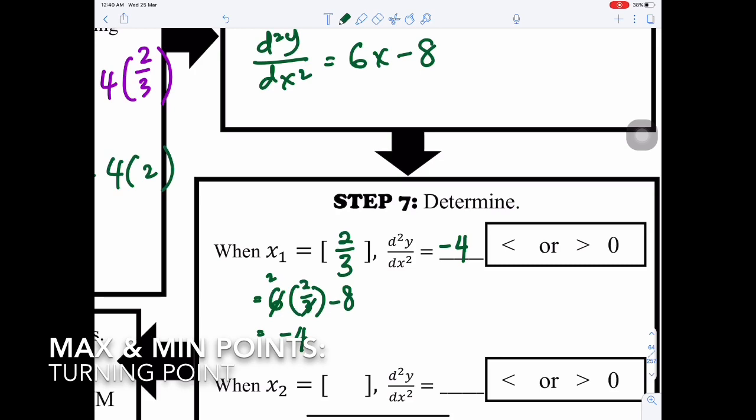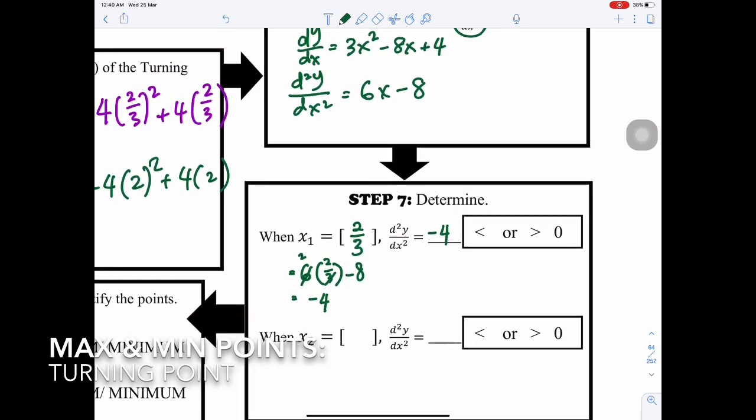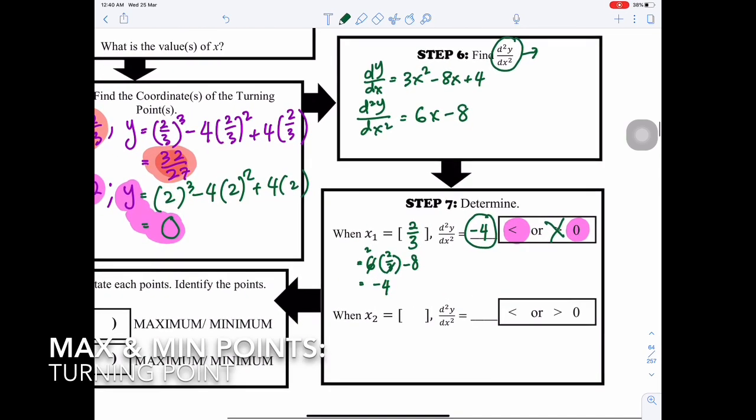So is the value of negative 4 greater or less than 0? Negative 4 is less than 0, not greater than 0. So if it is less than 0, when x equals 2 over 3, it is a maximum point.